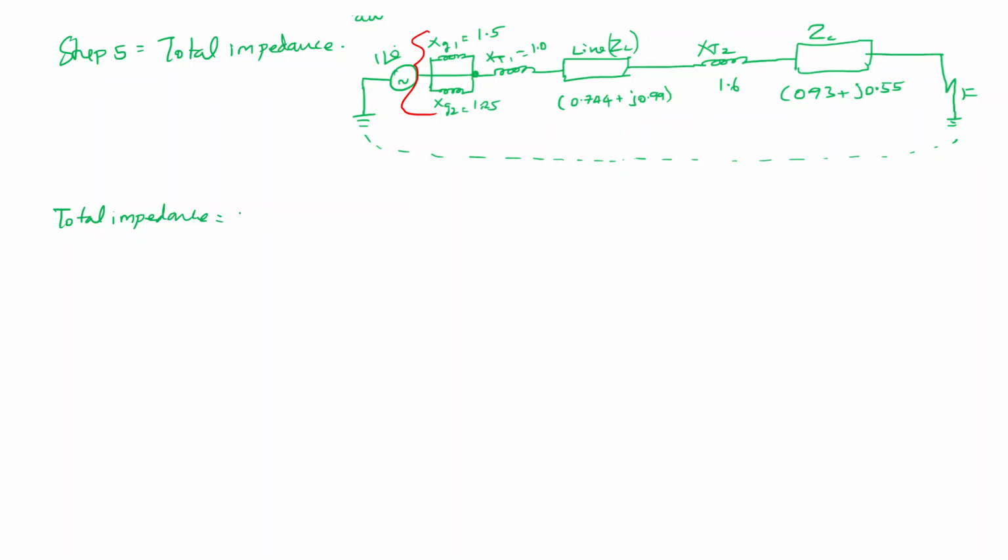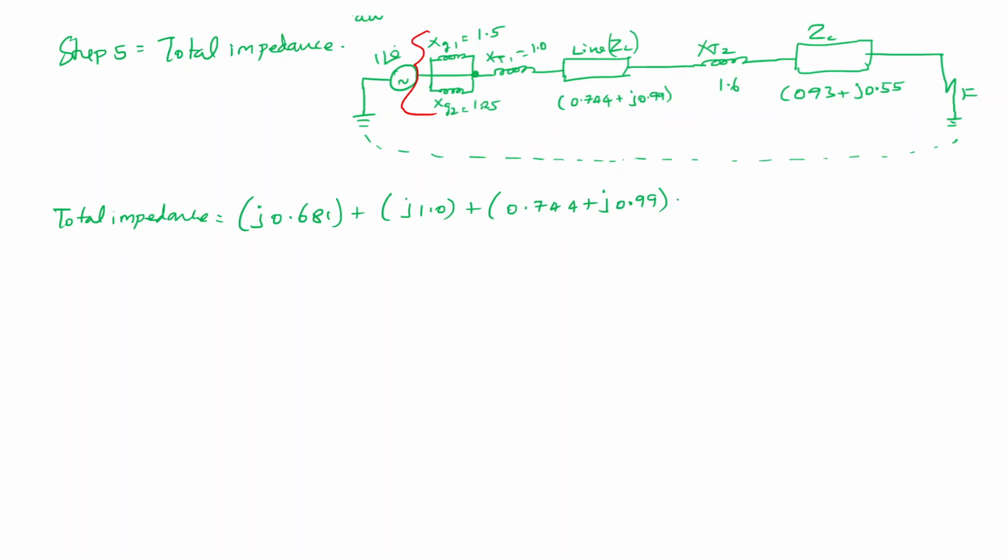Total impedance is equal to how much you said? It is j 0.68681, right? Plus j 1.0 plus 0.744 plus j 0.99. So 0.25 plus 2.88 j.